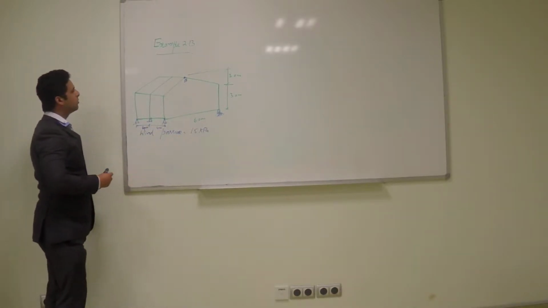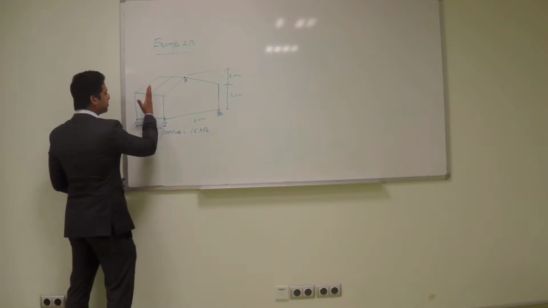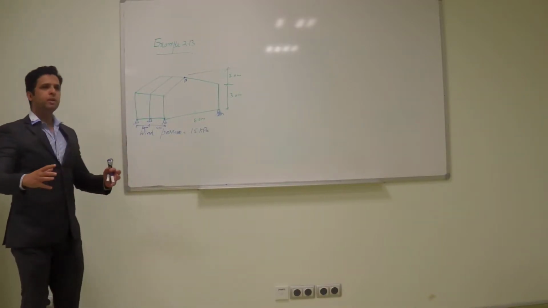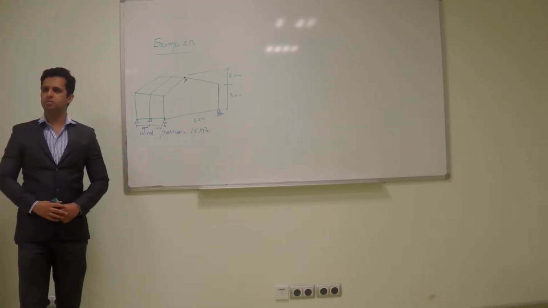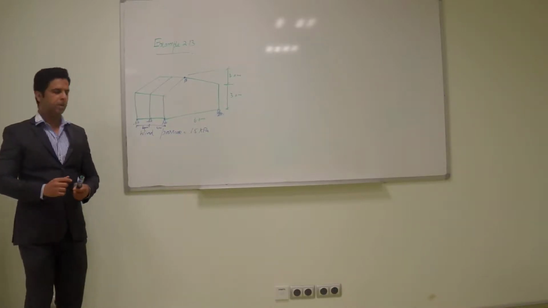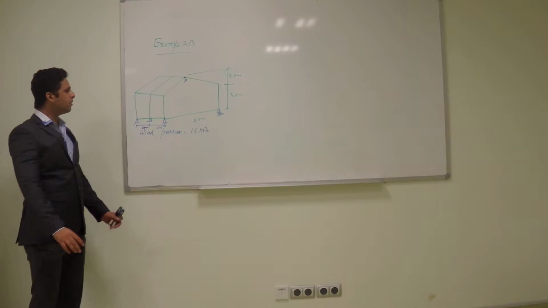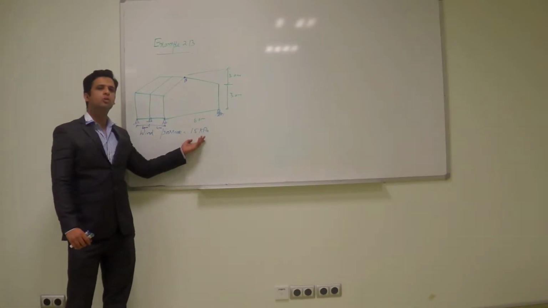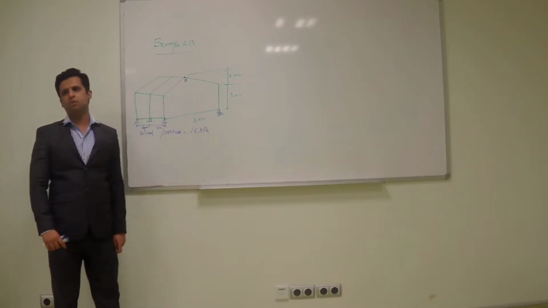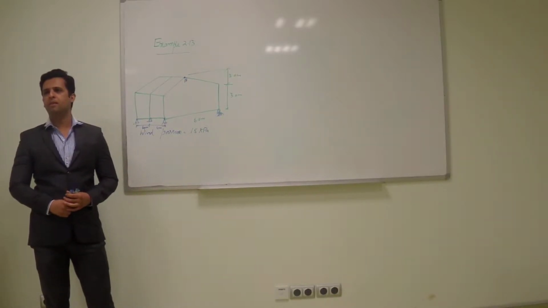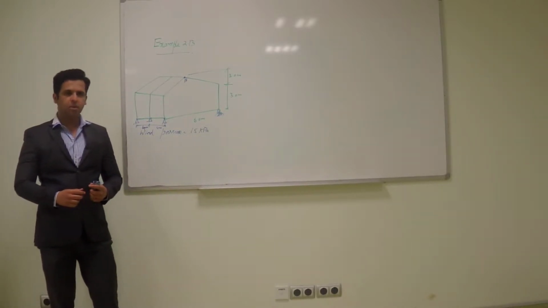Okay, so if we talk about this frame, how much would be the area supported by this frame? Half, so 2 meters from this side and 2 meter from the other side. So if I want to convert this pressure into a force per unit length, how much will be that force? 15 multiplied by the width.